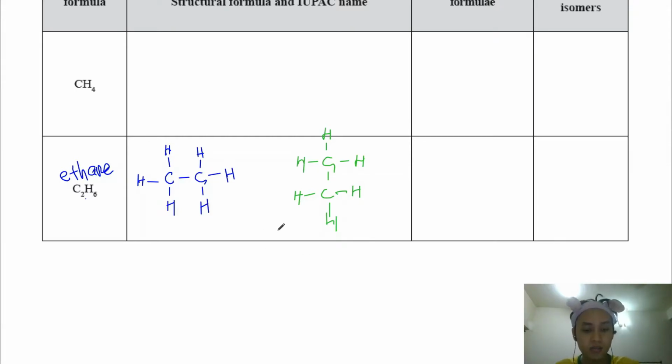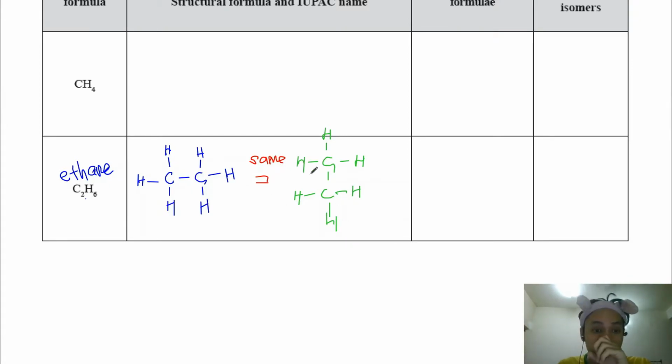Technically, these two are the same thing. You are basically just rotating this one downwards. Meaning this whole thing, you just rotate it, and then it becomes like this. So we do not call this a different structural formula. This is the same. These two are the same structural formulas.